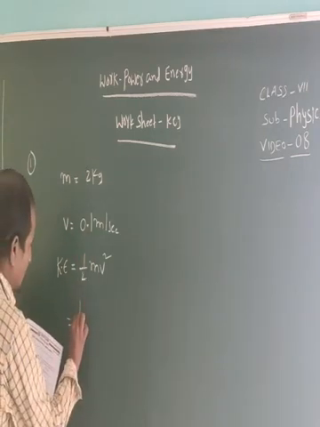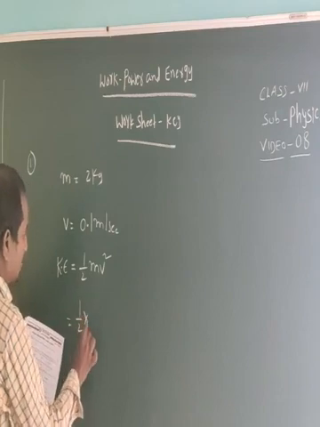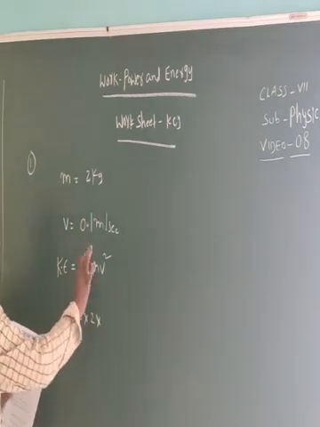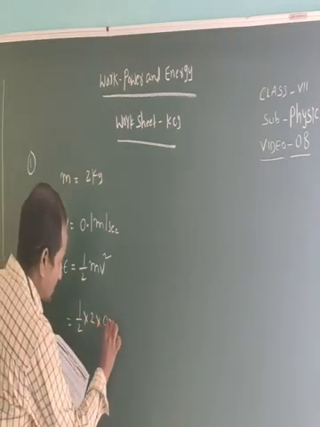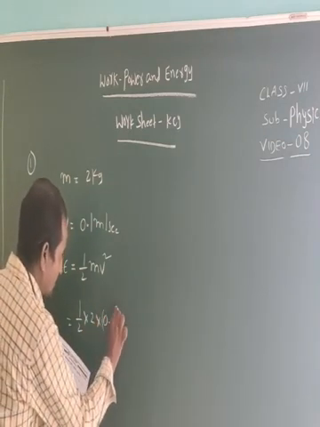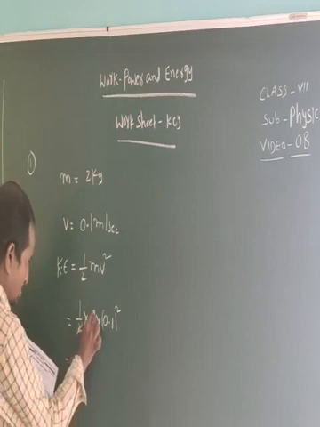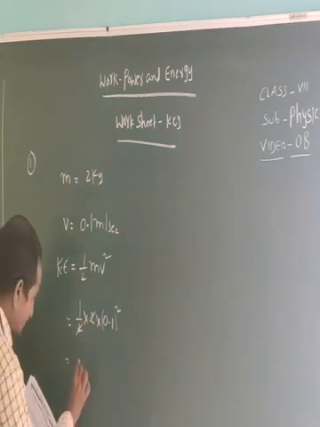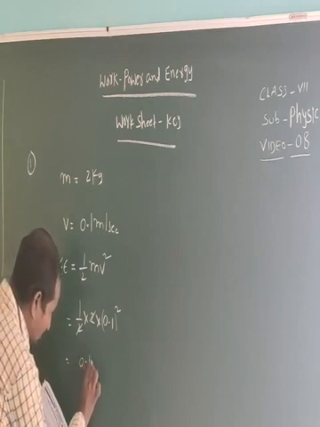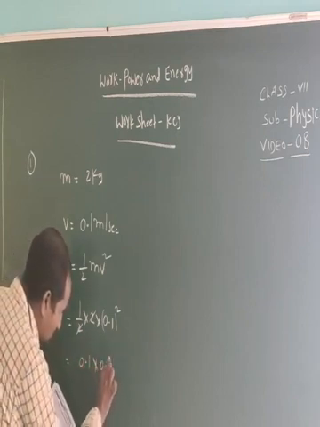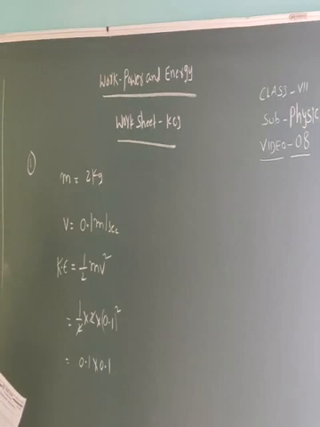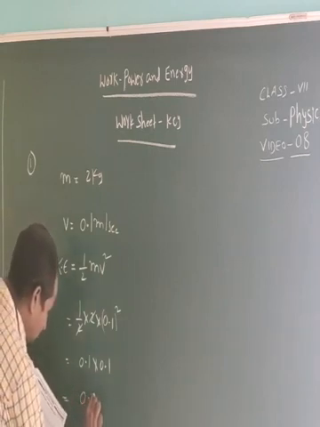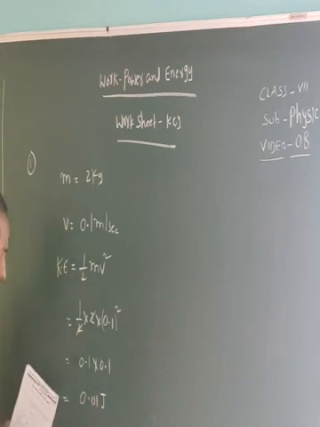Now half into mass, which is given as 2, into v, 0.1 whole square. The 2 and the half cancel, so 0.1 into 0.1 equal to 0.01 joules.